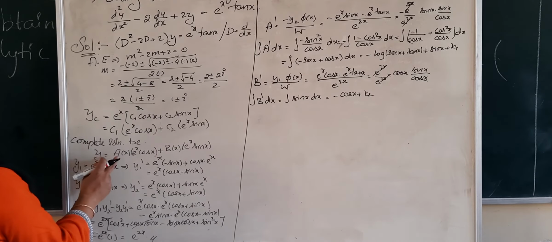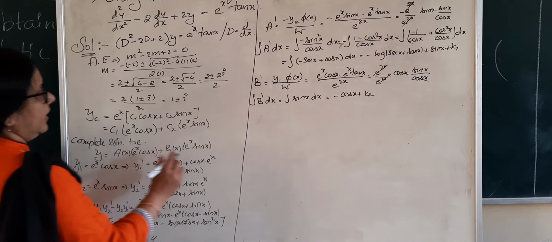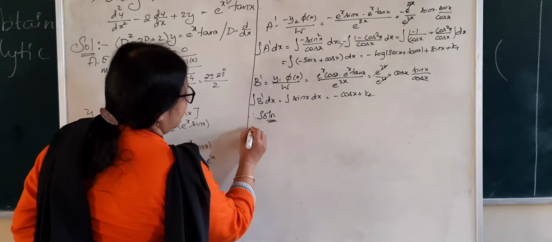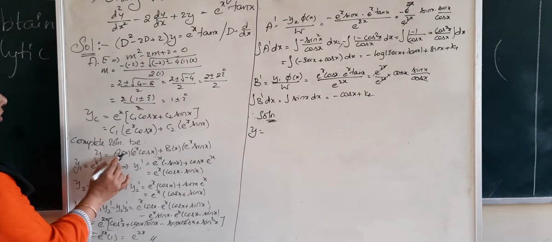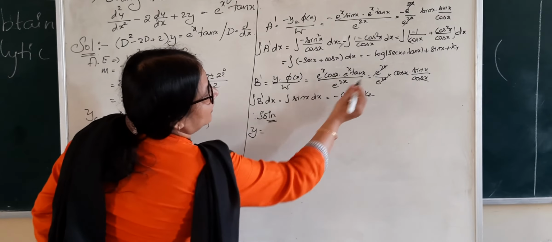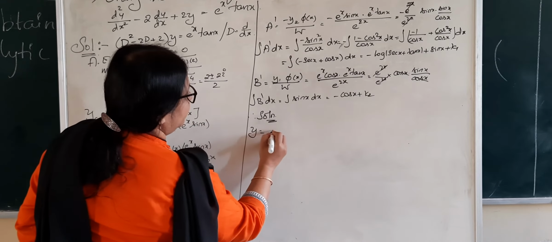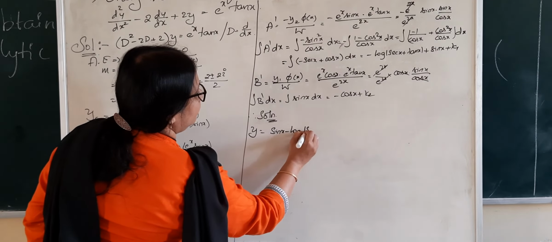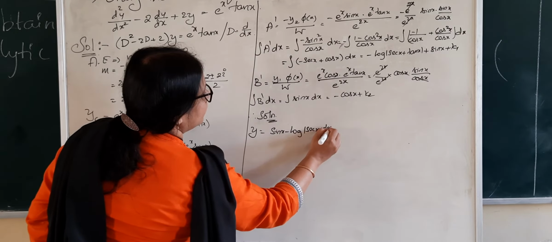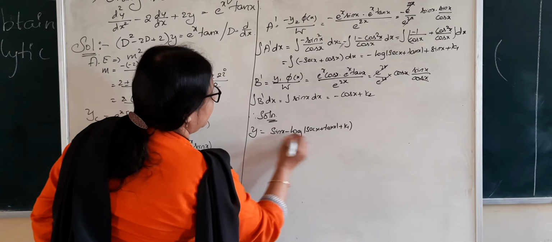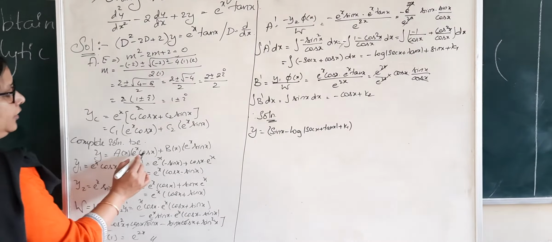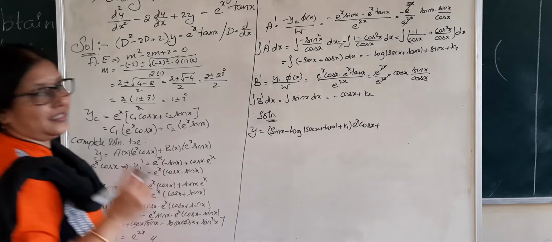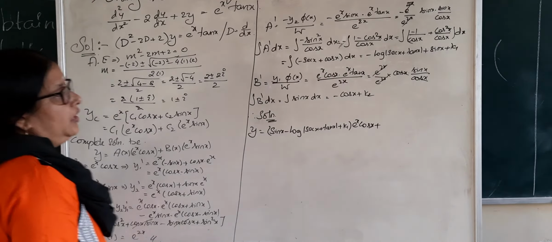Replacing a and b in the complete solution, we get the required solution for the given equation, given by y is equal to, instead of a of x, we will write this entire thing. Let me write the positive term first: sin x minus log of secant x plus tan x plus k1, that is our a of x, into e power x cos x as it is. Plus, again we have b of x into e power x sin x.